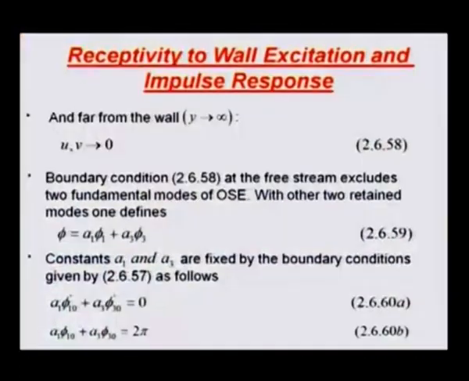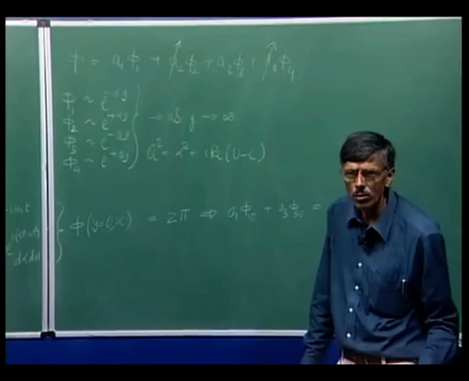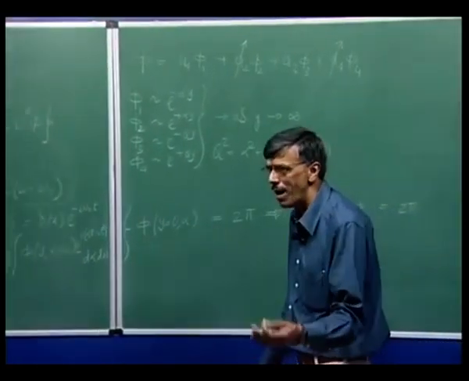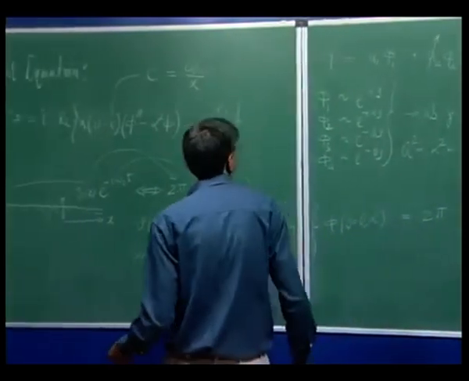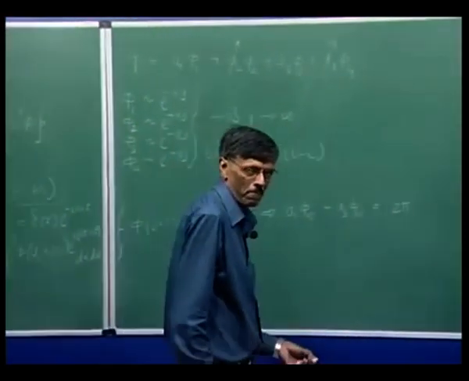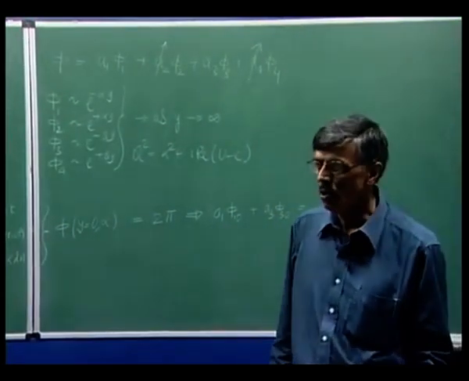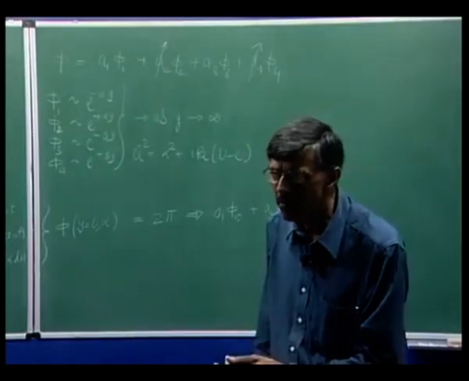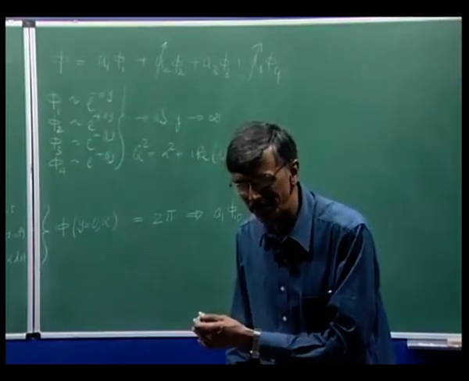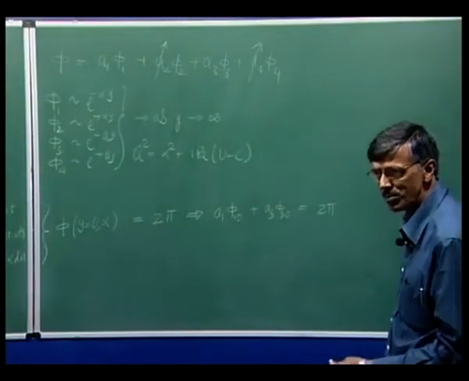Okay. And what about the other condition? The other condition is u equal to 0. What is u? If you recall, the mass conservation equation gives us I alpha f is equal to phi prime, right? So, if f is equal to 0, then phi prime has to be equal to 0.